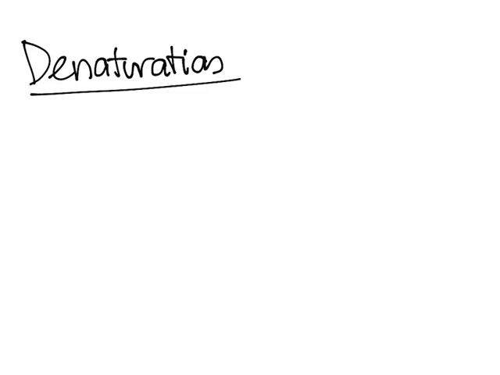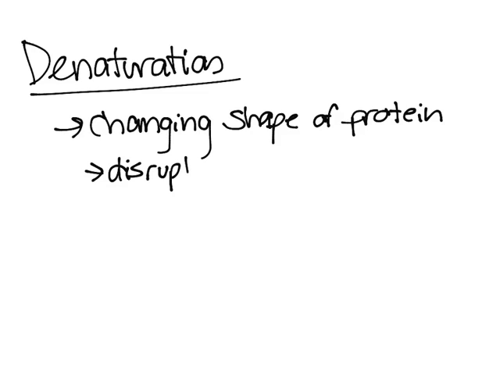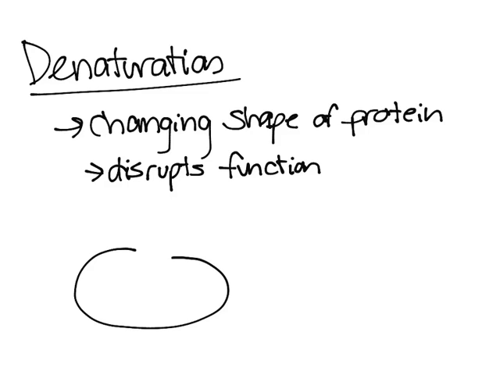Changing the shape of the protein, and an enzyme is a protein, so in this case we're talking about an enzyme, disrupts the function of the protein. And so once again, think of it as a lock and key, right?